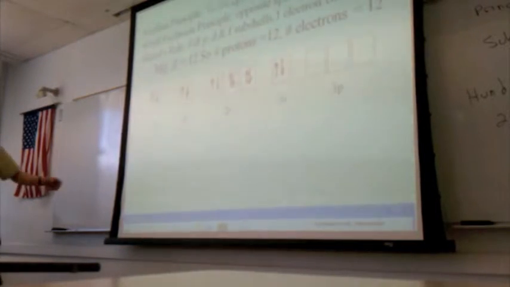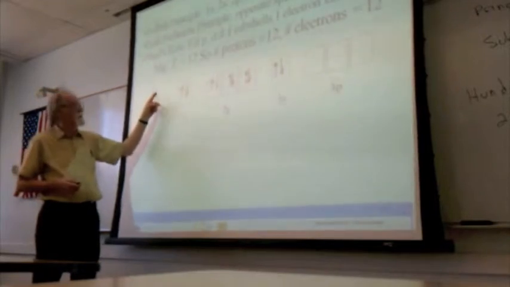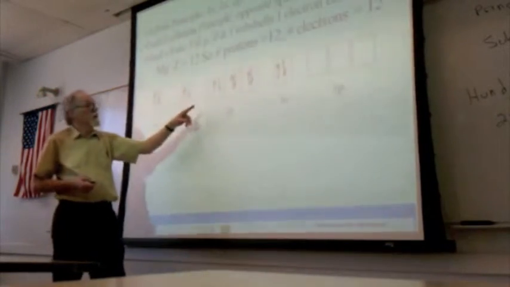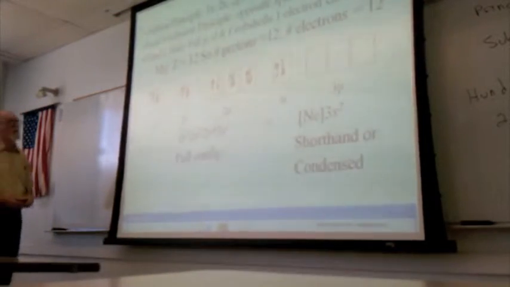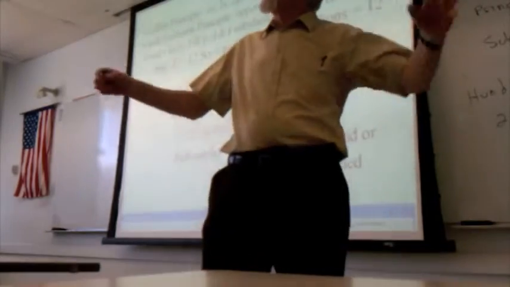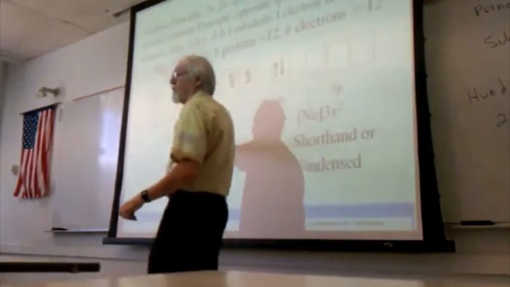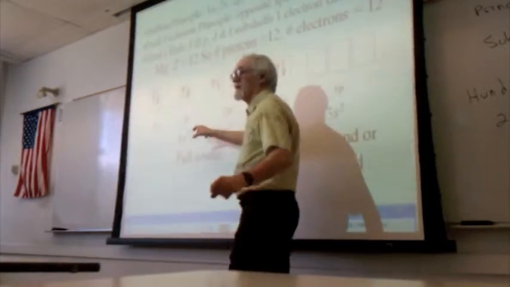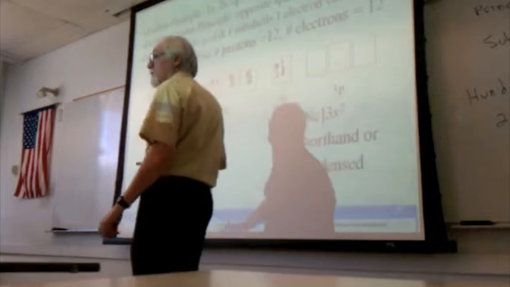Now, if we were to write the configuration instead of the diagram, we go 1s2, 2s2, 2p6, and 3s2. When we start getting really big atoms, this thing can get really long. You've got to do 4s's and 3d's, and oh man, there's a shorthand way to do it.